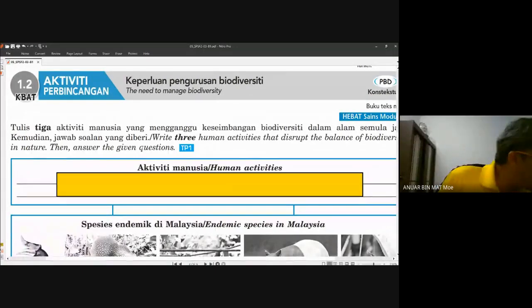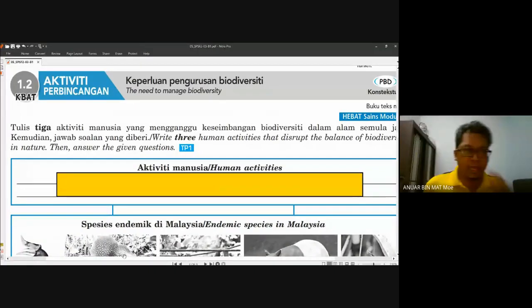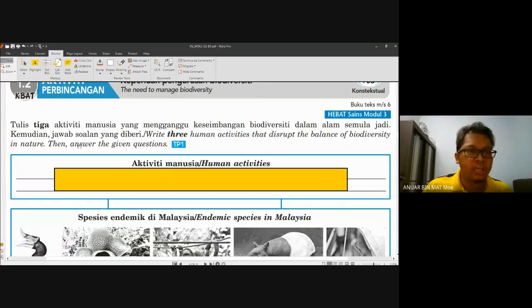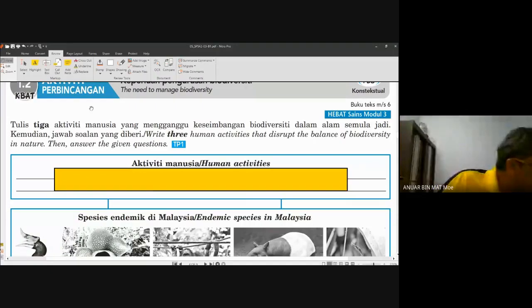The first question: write three human activities that disrupt the balance of biodiversity in nature, and then answer the given question.